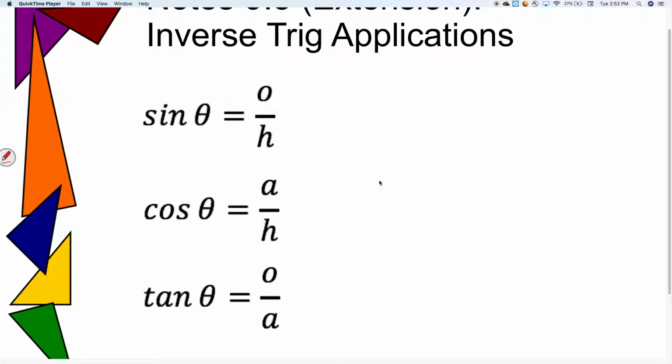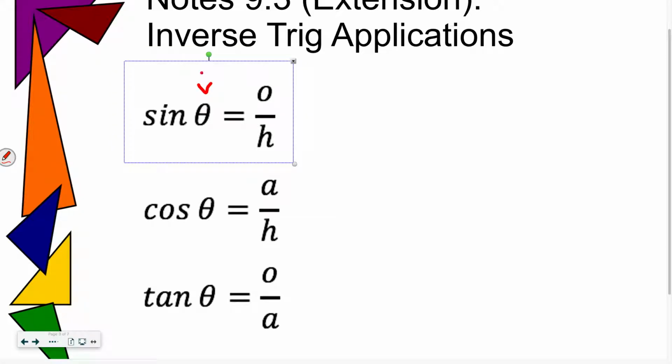So what you're doing is you have input an angle, and then your output is a ratio. And we've done that lots of different ways.